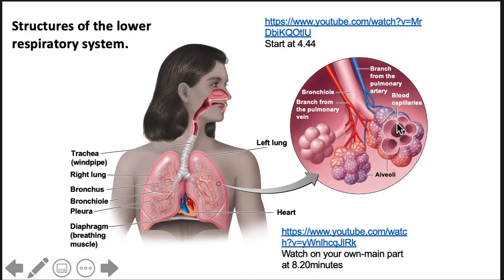And this is where we focus attention when it comes to if you have pneumonia, for example. If you have bronchitis, that would be your bronchus and your bronchial tubes, so those larger branches would be affected. And if you had pneumonia, it'd be at the alveolar level. We'll go ahead and look at that in just a second.